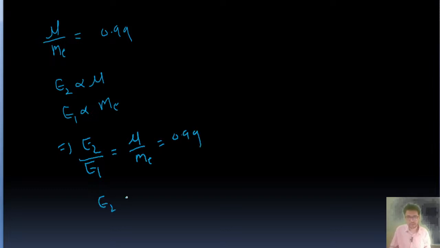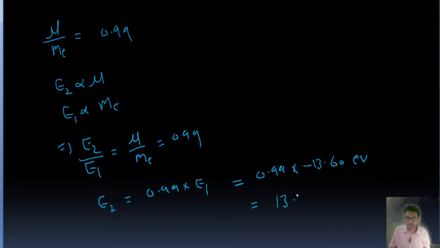So from here E2 is going to be 0.99 into E1, and the E1 value we know is minus 13.6 electron volt, so this value is going to be again the same, 13.52. So in this case also E2 is minus, and a less value in minus is greater, right? So E2 is greater than E1. So again the energy will be greater, more.